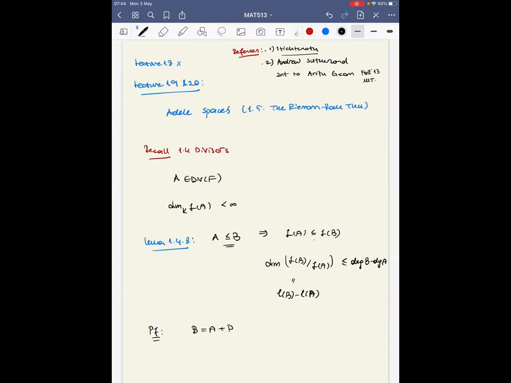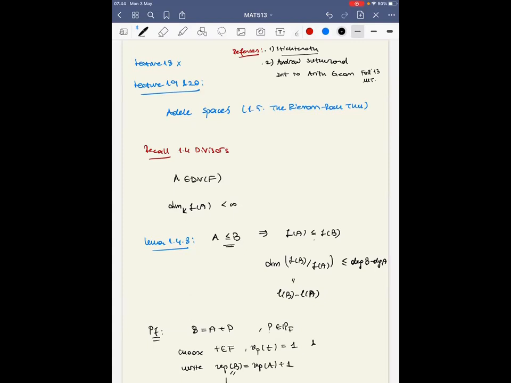I mean, the proof works by induction, and first we suppose that B can be written as A plus P for some place P, and we can choose a uniformizer t of this place P, and we can write v_P(B) as v_P(A) plus 1 in this case.